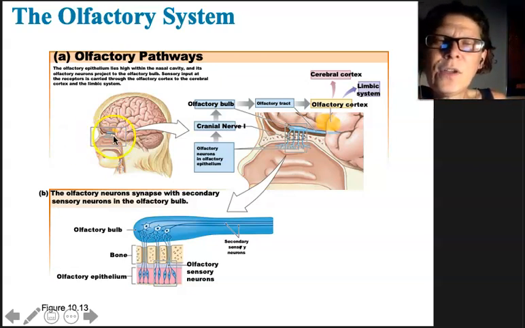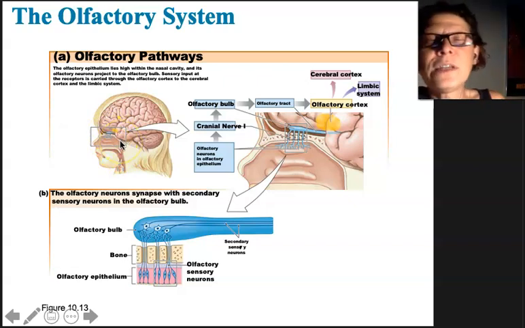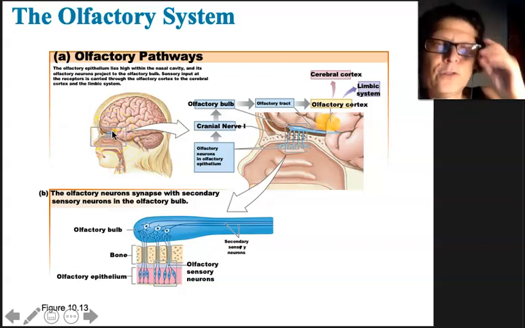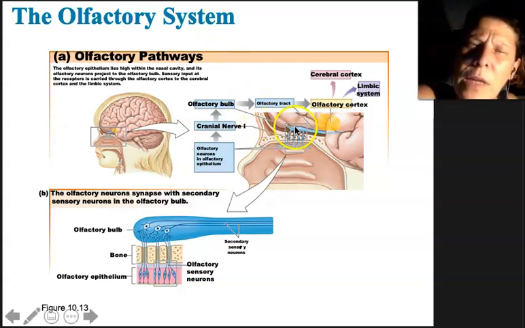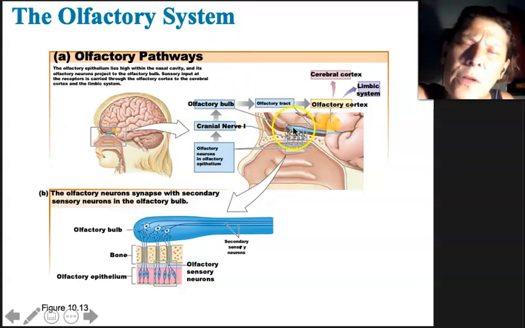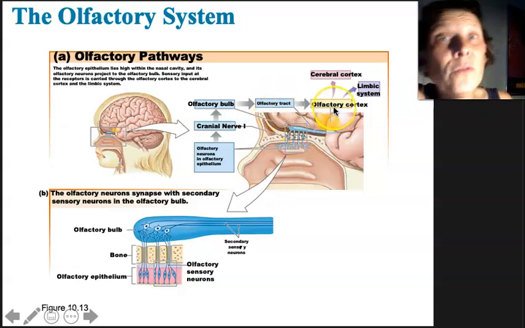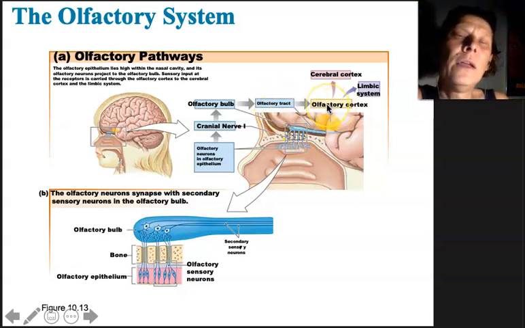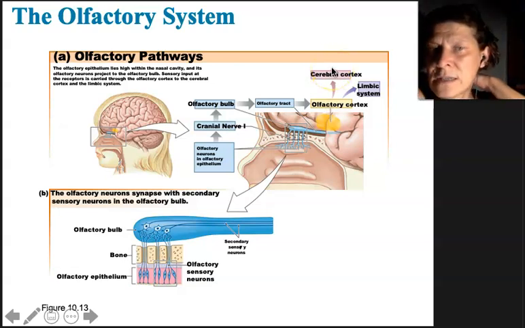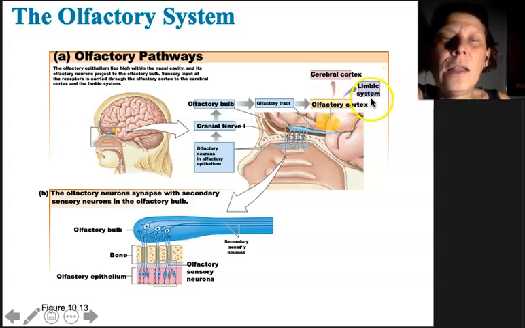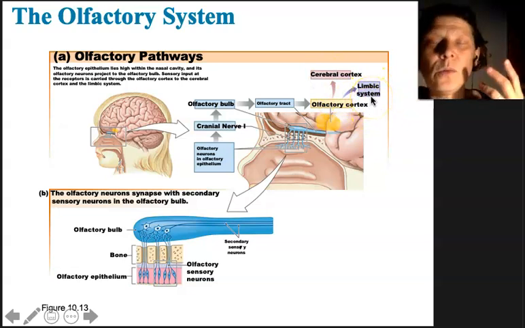And as molecules come in, causing the receptor potential to create a change in membrane potential, and then that travels along the tract, the olfactory tract, to the olfactory cortex, and from there goes to two locations: your somatosensory cortex, sensory cortex, and the limbic system, the emotional brain.